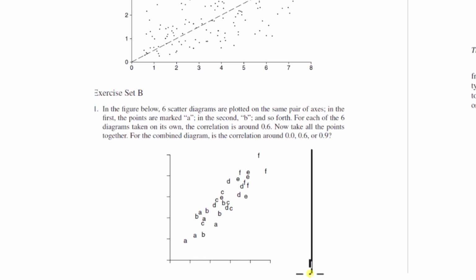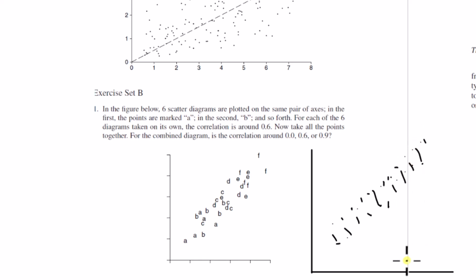Each of these data sets on their own looks like it's going to be something like this. But then when we combine them, we get something like this. So we get a bigger range, but from a general cloud perspective, the data doesn't spread out anymore. It's still that same degree of clustering, but a bigger range. So we know that's going to increase the correlation coefficient. So 0.9.